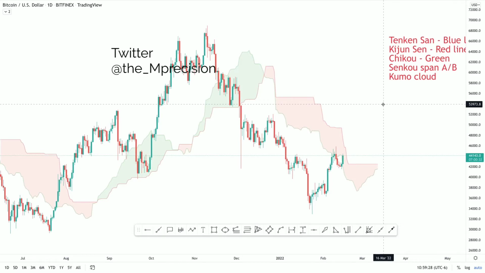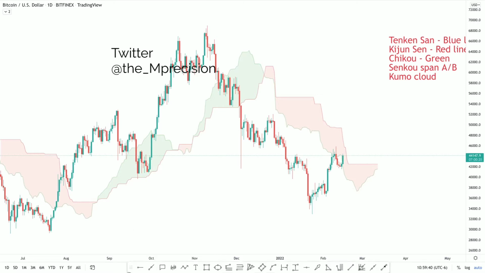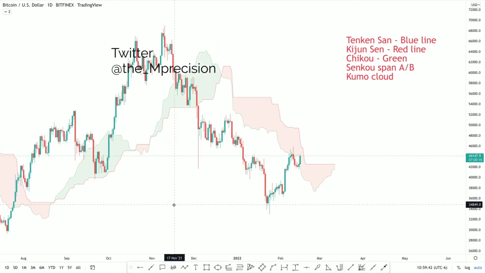For the sake of time, I'm not going to explain the mathematical significance of each of the things. All I want you to know is how you will use them. Right off the bat, there are 5 key things in Ichimoku. You've got Tenkan-san, that is a blue line, which is nothing but your fast moving average.